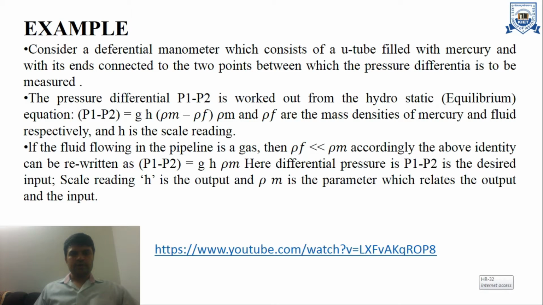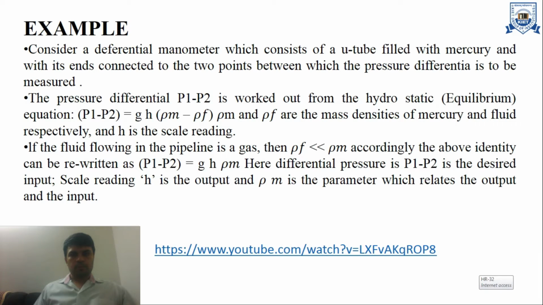Here P1 minus P2, which is the difference of pressure, is equal to rho g h. Here rho m is the density of mercury and rho f is the density of fluid, mass density. Okay. Then h is the height in scale reading.